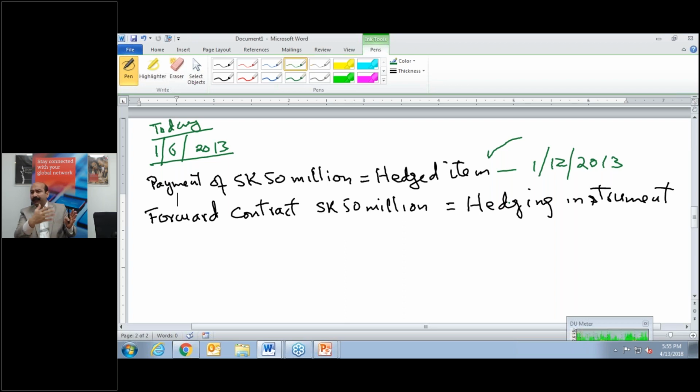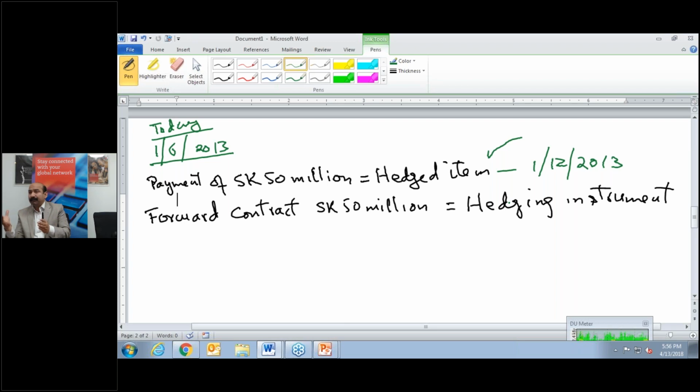On one side, I was calculating and passing double entry in the stock, increasing or decreasing the stock with the gain or loss on the fair value changes. And on the other part of the page, I was treating the gain or loss on hedging instrument and passing the double entries. Here, I will be calculating the gain or loss on hedged item and the gain or loss on the hedging instrument. But the double entry will only be passed for the hedging instrument, which is part of our accounting record.